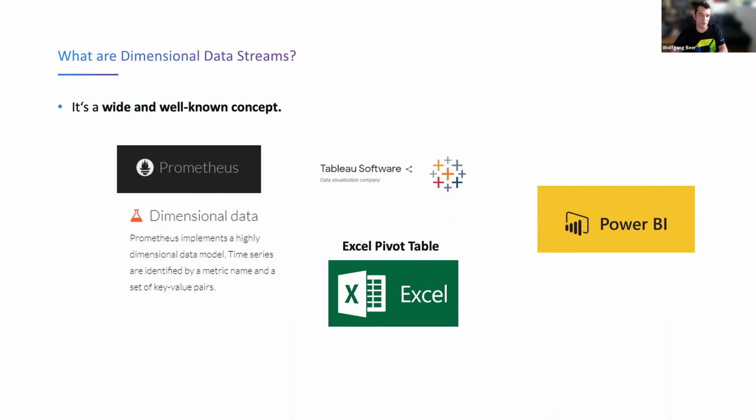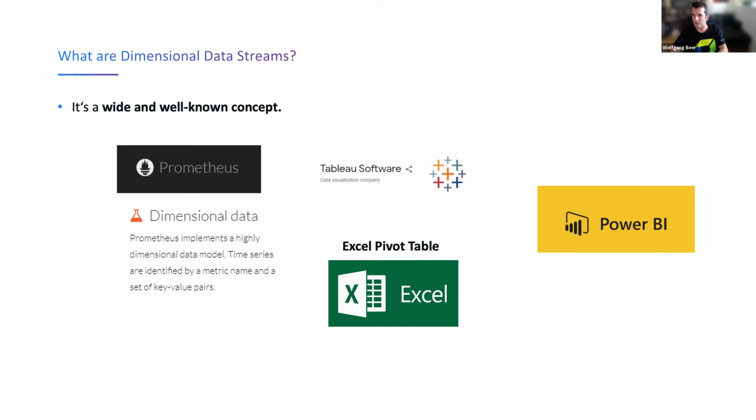You probably have found it in Prometheus metrics that are split by service methods, services or hosts. Or even if you think about Tableau or Power BI, or even Excel, I also use Excel as one example here, where you can easily put a pivot table on top of a huge raw data table in order to slice and dice the data according to the dimensions that you are interested in.